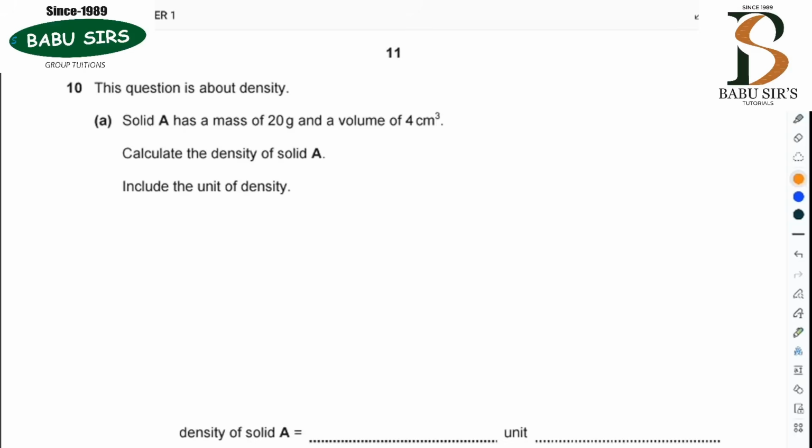Now question number 10. This question is about density. So you know the formula of density. Density is equal to mass upon volume. Now in your questions, they will give you two, and one they will ask you to find. So the solid A has mass 20.